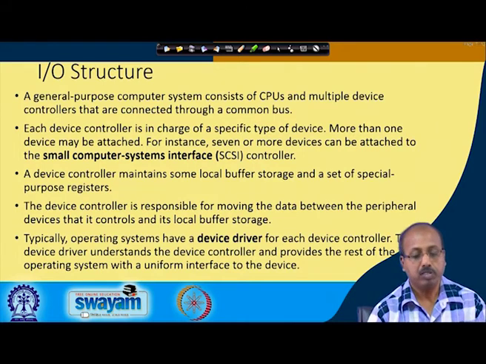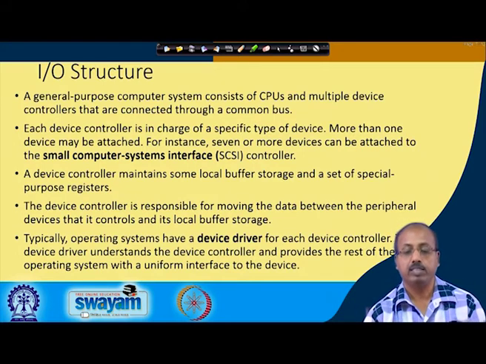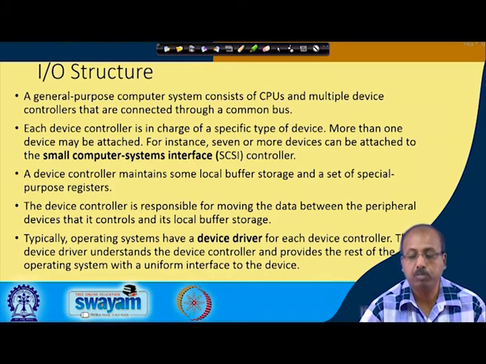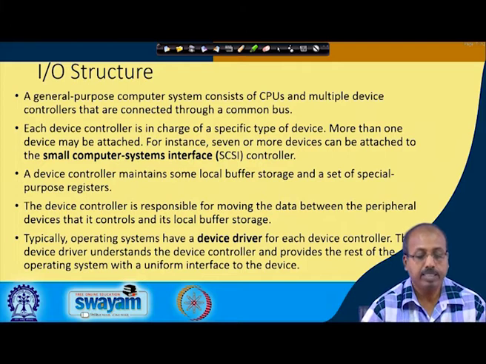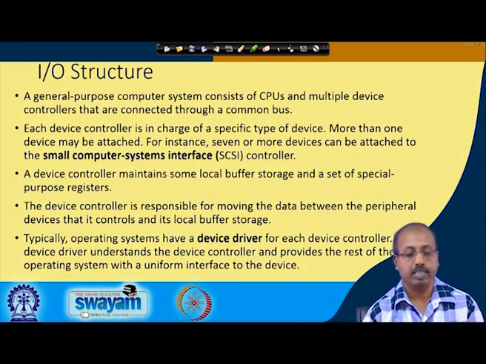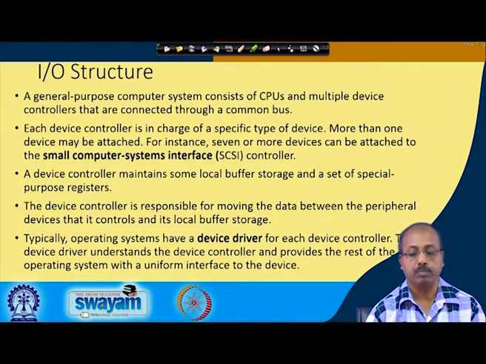Then coming to the I/O structure, a general purpose computer system consists of CPUs and multiple device controllers that are connected through a common bus. Each device controller is in charge of a specific type of device, and more than one device may also be attached. For instance, we can have 7 or more devices attached to the small computer systems interface, or SCSI, controller.